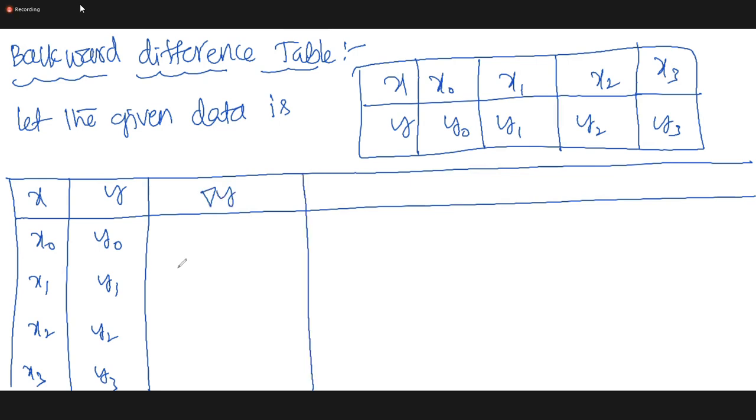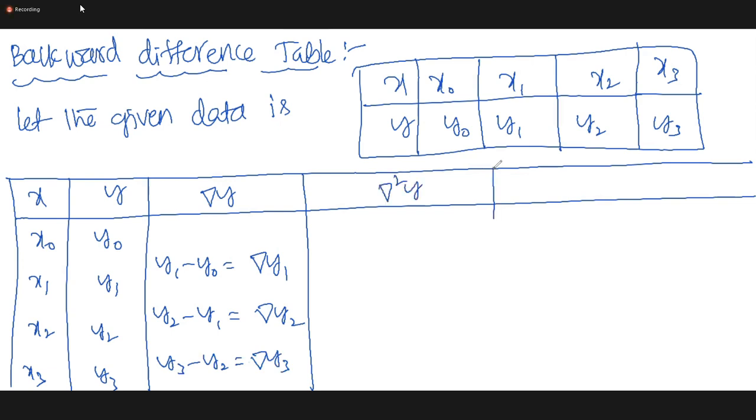What is del y? y1 minus y naught is equal to del y1. y2 minus y1 is equal to del y2. y3 minus y2 is equal to del y3. Second order, del square y. Del y2 minus del y1 is equal to del square.